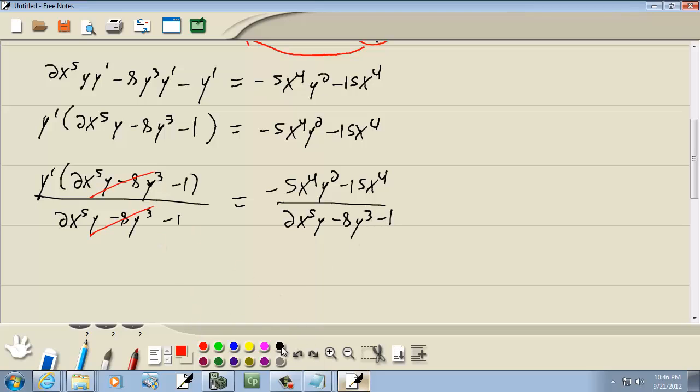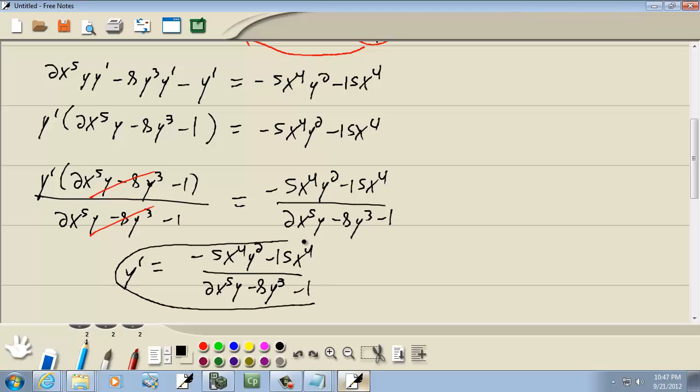That cancels with that. And we got y prime is equal to negative 5x to the 4th y squared minus 15x to the 4th over 2x to the 5th y minus 8y to the 3rd minus 1. And that's our answer.